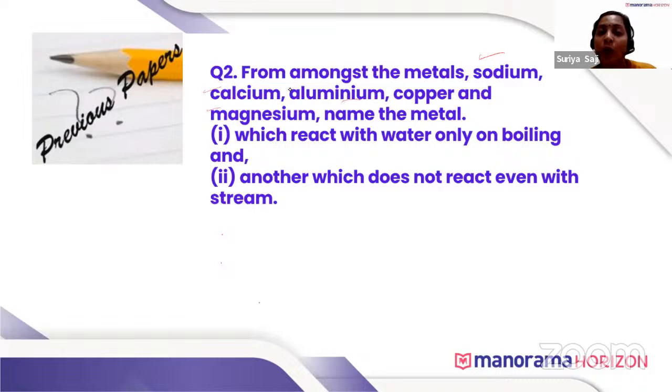We use aluminum for making vessels and all, so it is not that reactive. Then the next metal is copper. Which has the least reactivity among these? Copper, we can tell. So we got the answer for the second question.